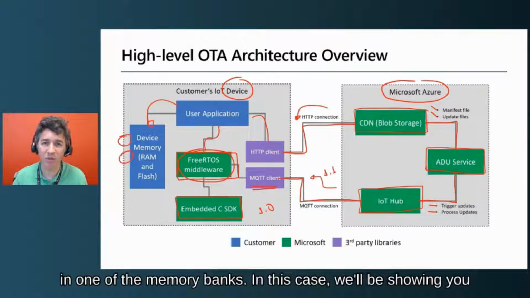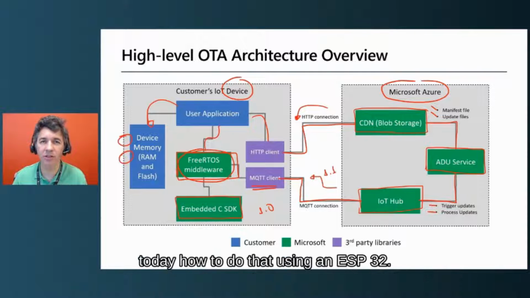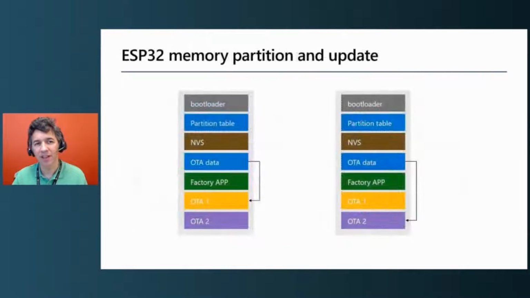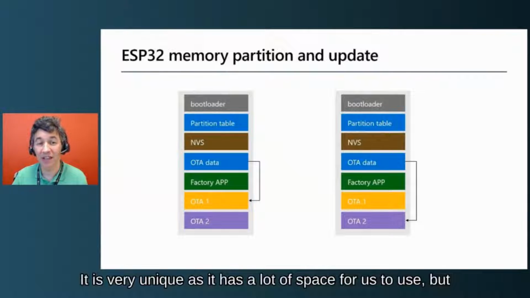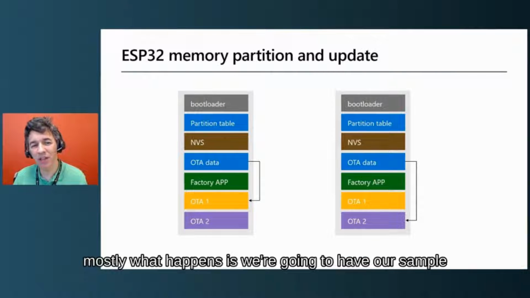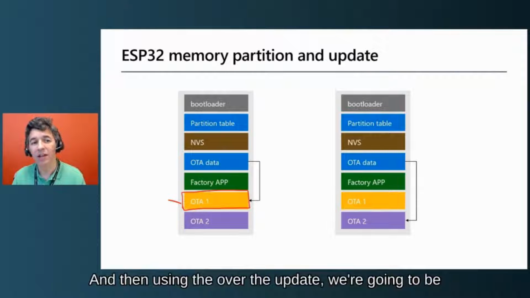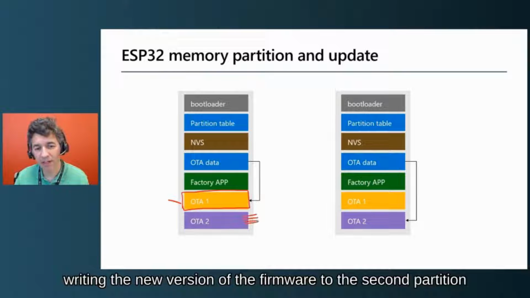In this case, we'll be showing you today how to do that using an ESP32. The ESP32 is very unique as it has a lot of space for us to use. Mostly, what happens is we're going to have our sample installed in one of the partitions, say OTA 1, and then using the over-the-air update, we're going to write the new version of the firmware to the second partition.